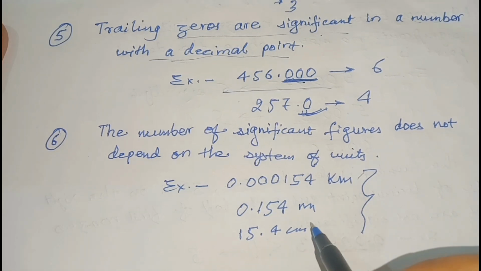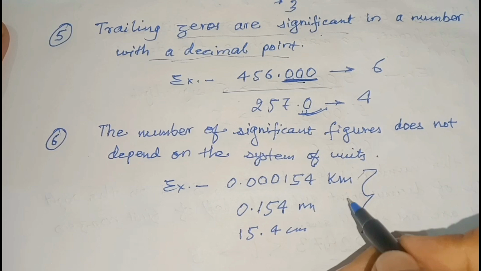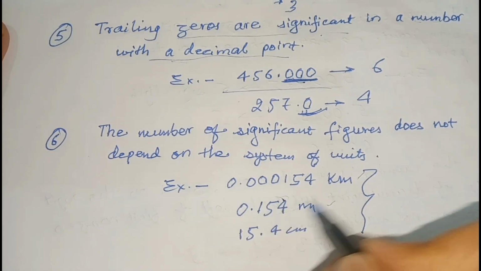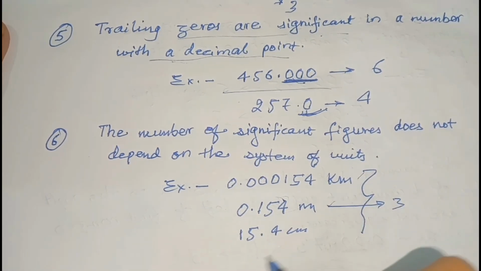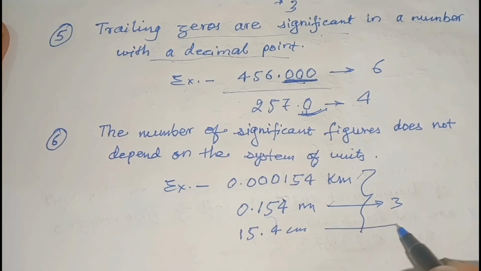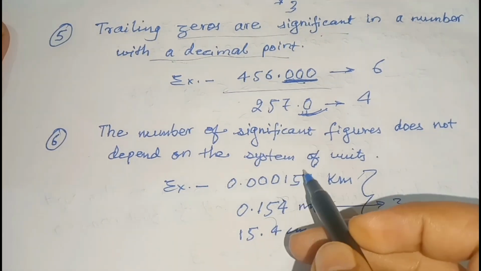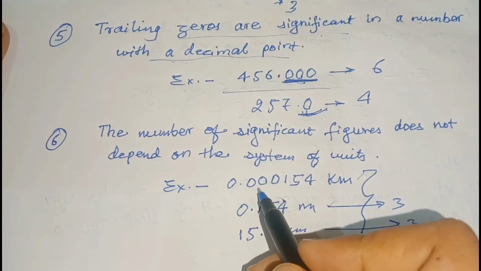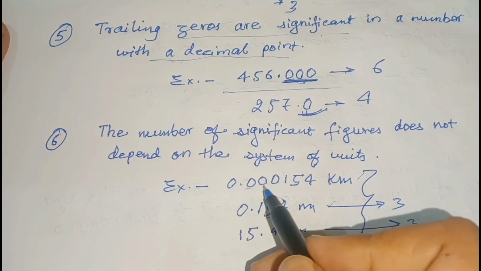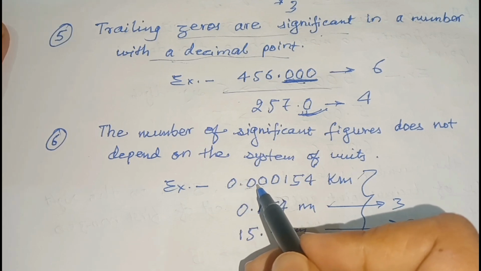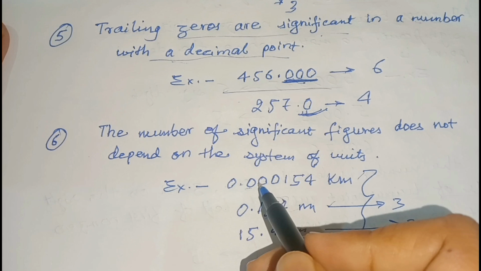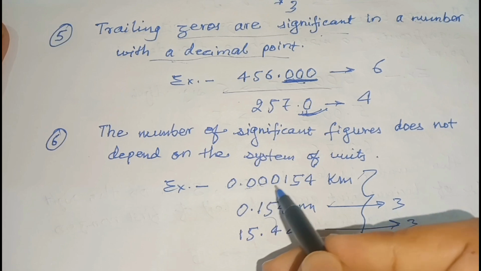Now let us count the number of significant figures. Here all are non-zero, and this has three significant figures. All are non-zero here too, and this has three significant figures. This one has a decimal point and zeros after the decimal point. So what does rule number 3 say? If a number is less than 1, zeros on the right of the decimal point and to the left of the first non-zero digit are not significant.